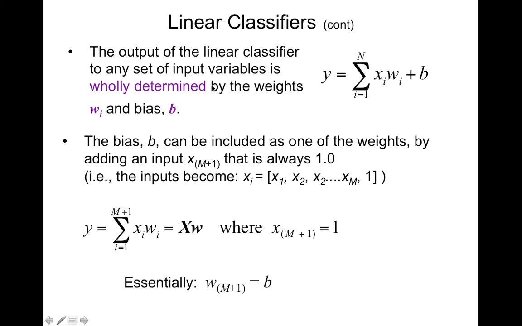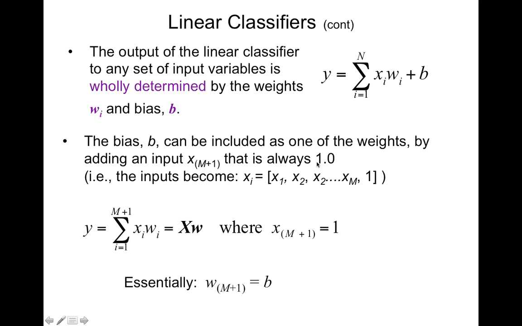So the output of the linear classifier to any set of input variables is determined by the weights, these w sub i's, and the bias b. So the bias b can be included as one of the weights, and this basically simplifies the equation as long as you add an input and let that input be 1.